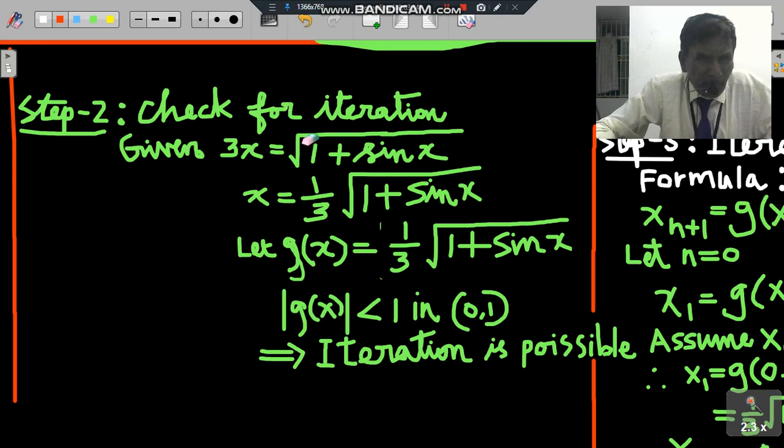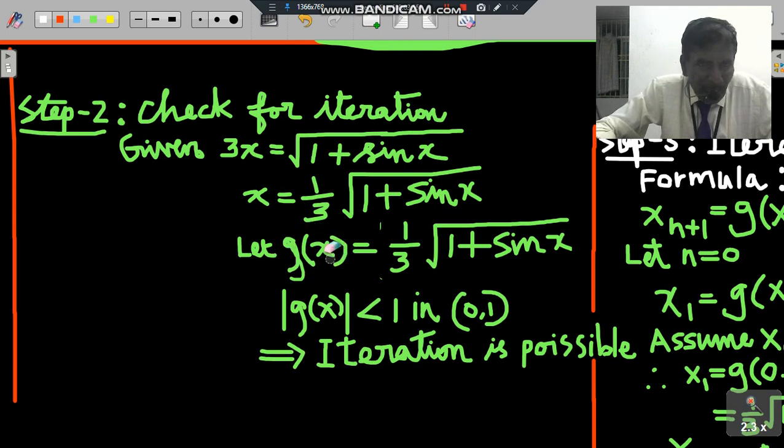Now look at that. What is the given equation for us? 3x equals square root of 1 plus sine x. Now that can be written as x equals 1 by 3 square root of 1 plus sine x. So this function I am taking as g of x.